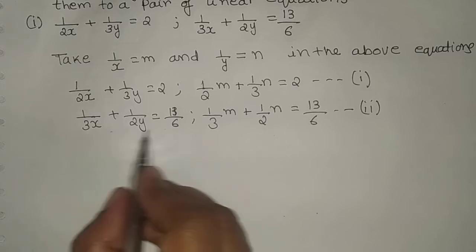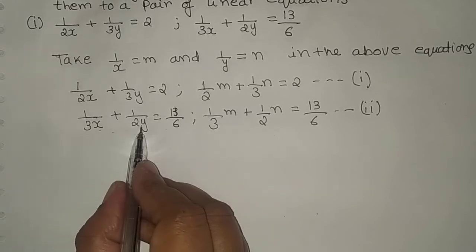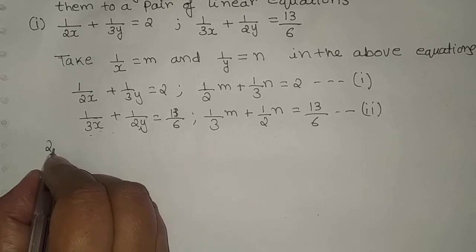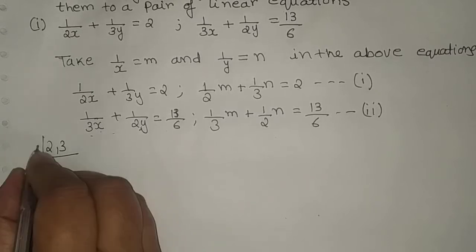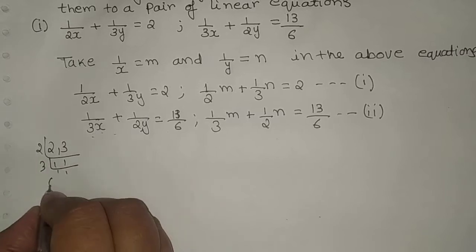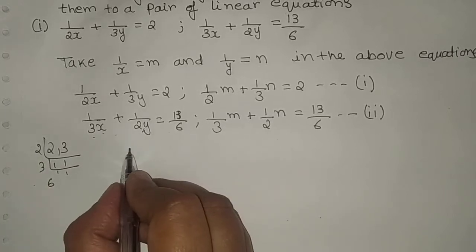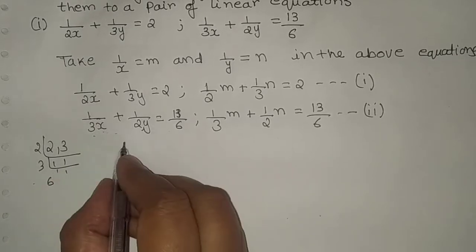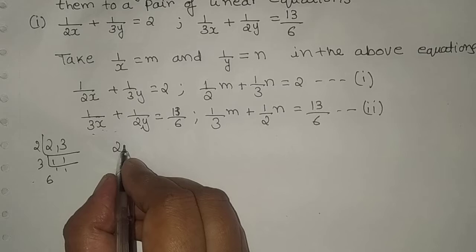Next step, we find the LCM. Take 2 and 3; the LCM is 6. Now 6 is the LCM, so we can cross multiply this.